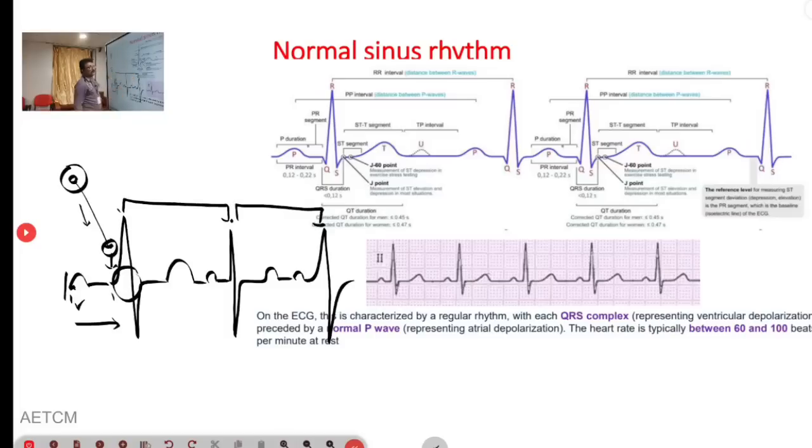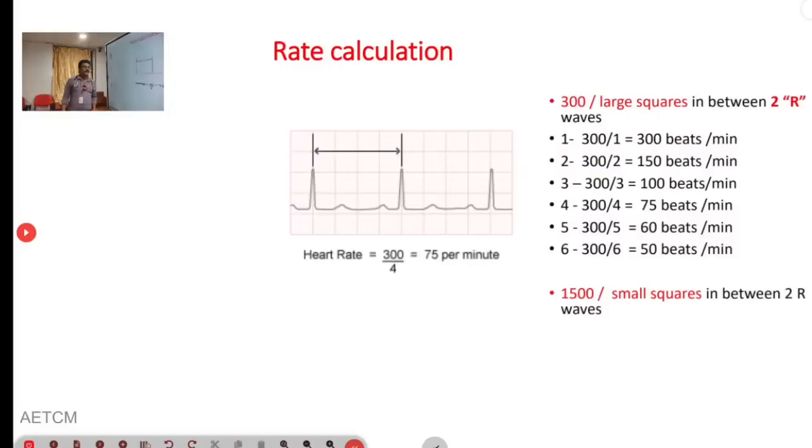So this is called normal sinus rhythm in ECG. So it is very clear. Normal sinus rhythm means normal SA node activation with a P wave, the PR interval is normal, every P wave is followed by a QRS complex, and the RR interval has to be normal. That is normal sinus rhythm.